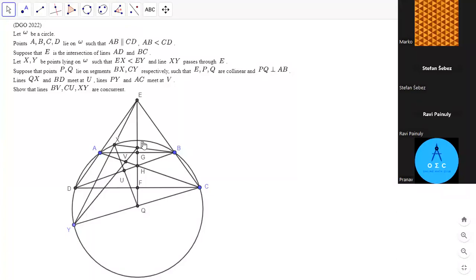All right, so this is our first problem. ABCD is an isosceles trapezoid. We complete the quadrilateral, so H is the intersection of the diagonals, and E is the intersection of these two sides.